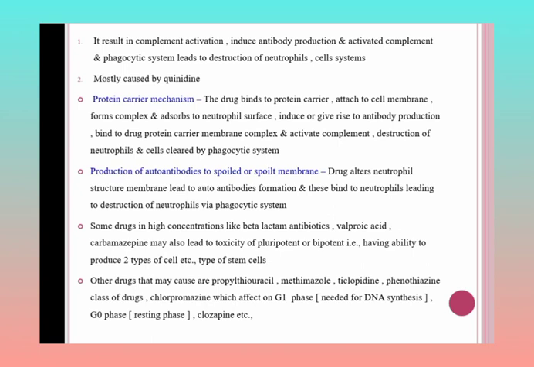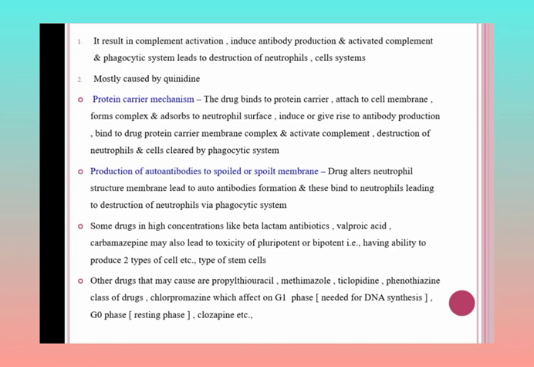The drug alters the neutrophil membrane structure, and this alteration leads to autoantibody formation. These autoantibodies bind to the neutrophils, leading to their destruction, which is carried out by the phagocytic system. So the phagocytic system has a very important role in our body.